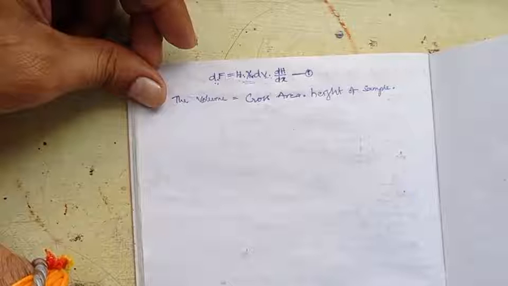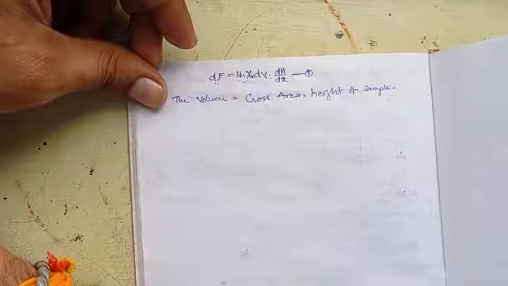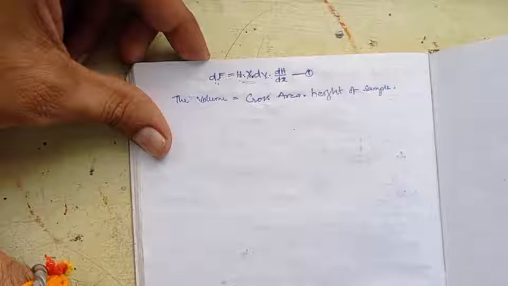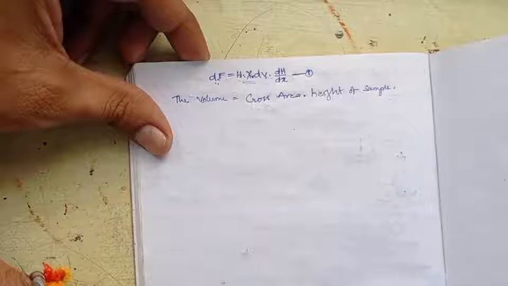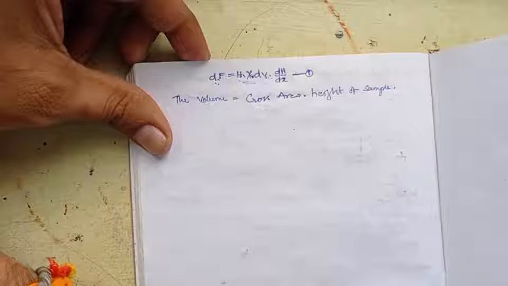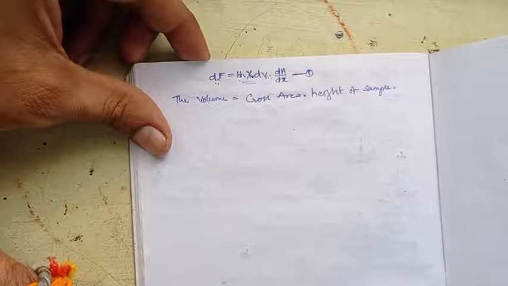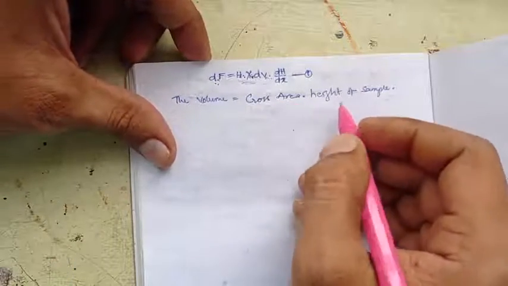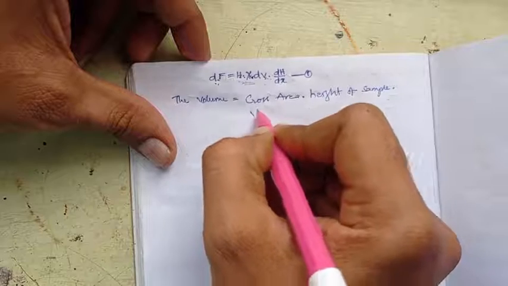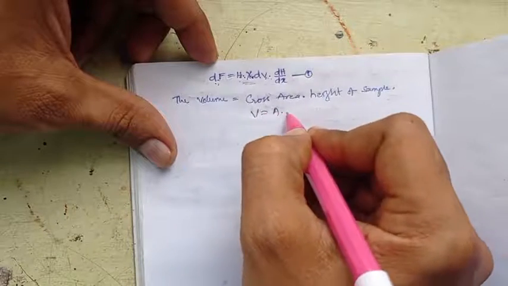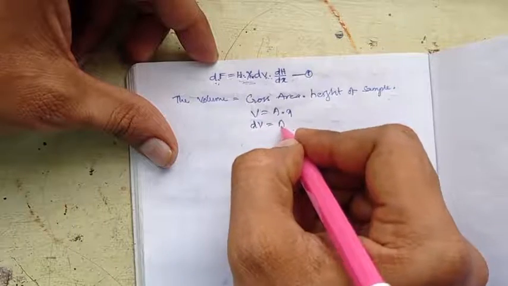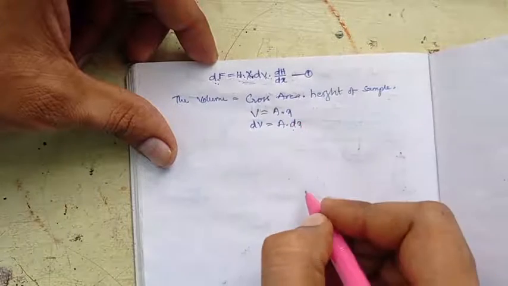Volume is actually the product of length, height, and breadth, and area is nothing but the product of length and breadth. So volume can be written as area into height. So the small volume, if we consider, would be area into small height.